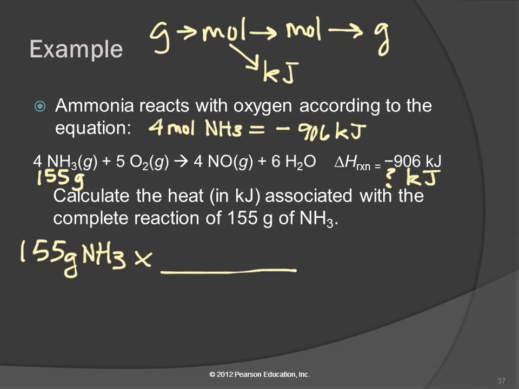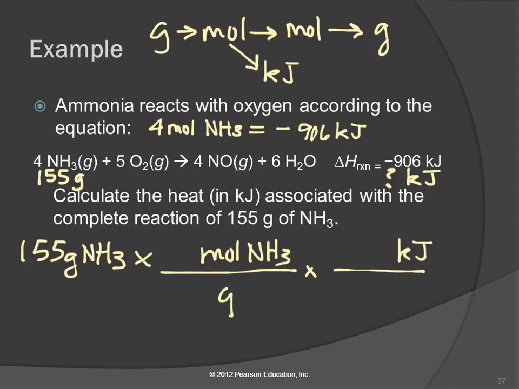And we're going to convert that to what? Moles of ammonia. Grams to moles. Because the equation tells us in terms of moles, not in terms of mass. And then we're going to convert that to what? Kilojoules. The path: grams to moles to kilojoules. And that matches up with our units on the top, grams to moles to kilojoules.